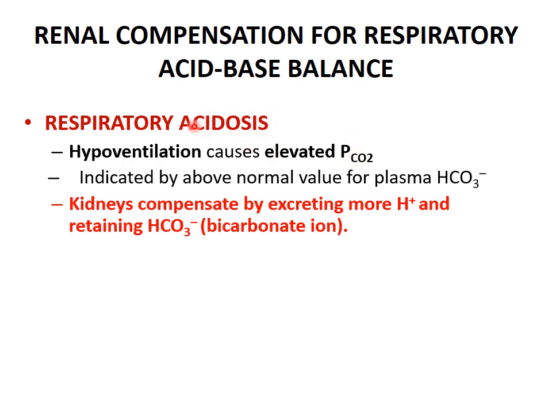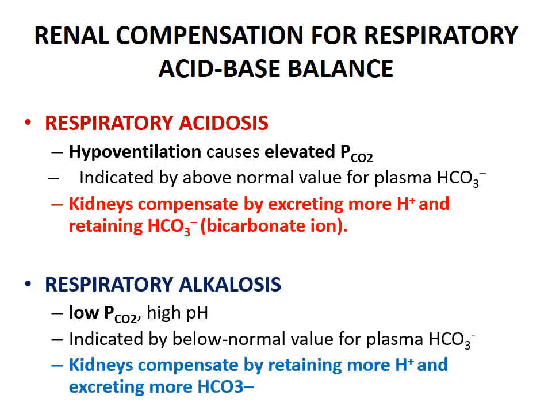So H plus ion has to be eliminated from the body. So what kidney will do in this situation is excrete more H ions and retain the bicarbonate ion. So kidney is selective in its function: it can eliminate the bicarbonate or it can eliminate the H ion, depending upon the need of the body.